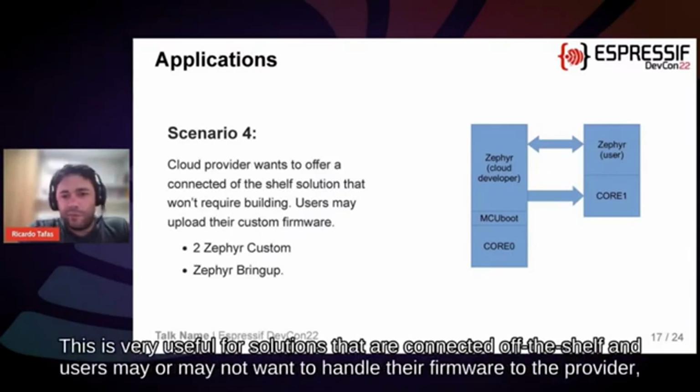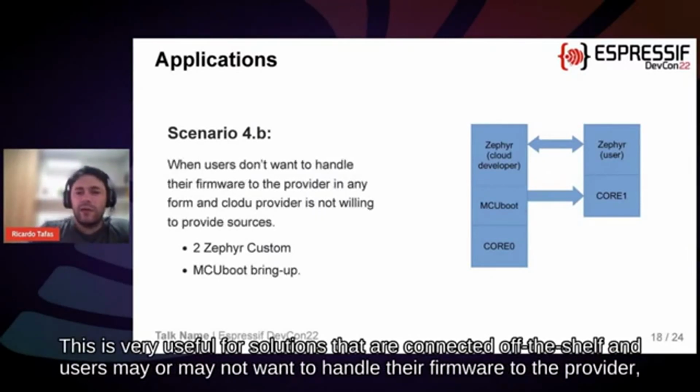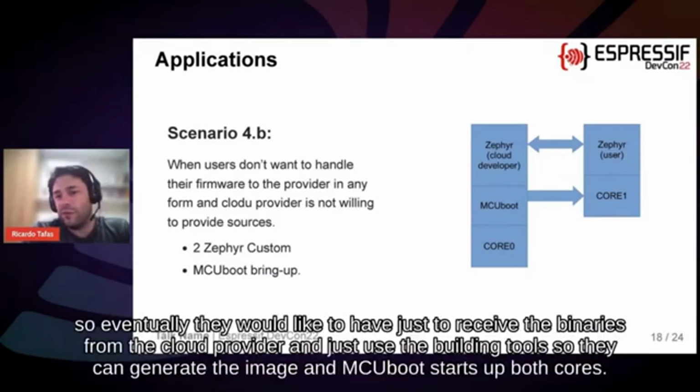This is very useful for solutions that are connected off the shelf. And users may or may not want to hand their firmware to the provider. So eventually they would like to just receive the binaries from the cloud provider and use the build tools so they can generate the image, and MCUboot starts up both cores.